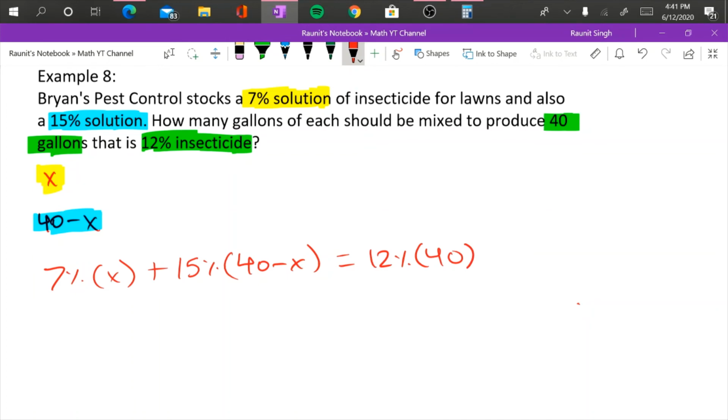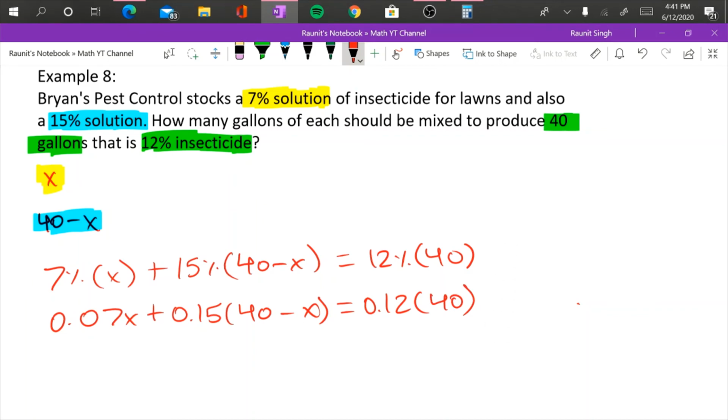Okay, so now in this one, I'm going to put it in decimals because it's a little bit easier when you do it like that. So we're going to have 0.07x plus 0.15 times (40 minus x), which is equal to 0.12 times 40.